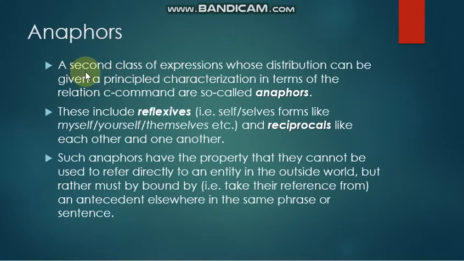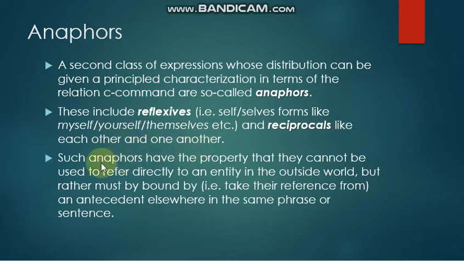Now, a second class of expressions whose distribution can be given a principled characterization in terms of the C-command relation are so-called anaphors. These include reflexives. What are reflexives? These are self or selves forms like myself, yourself, themselves, etc., and reciprocals like each other and one another.